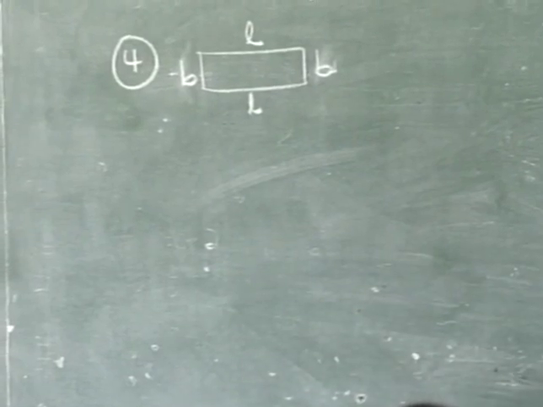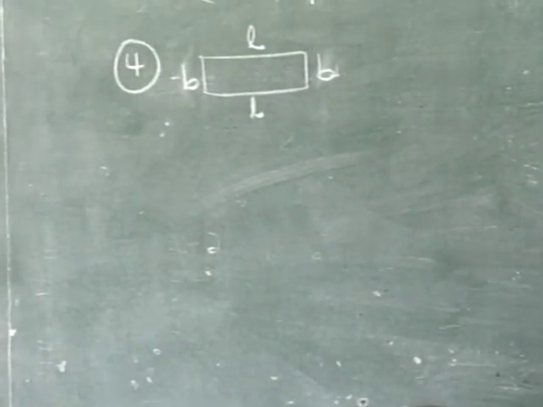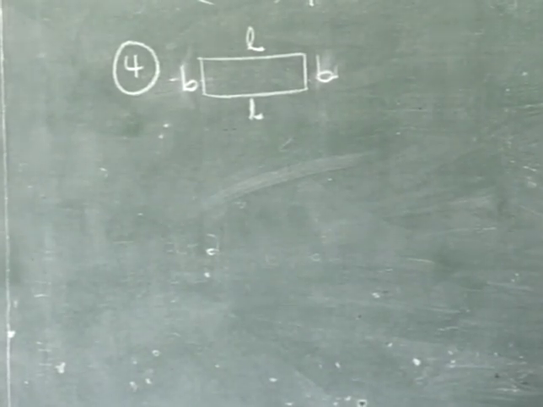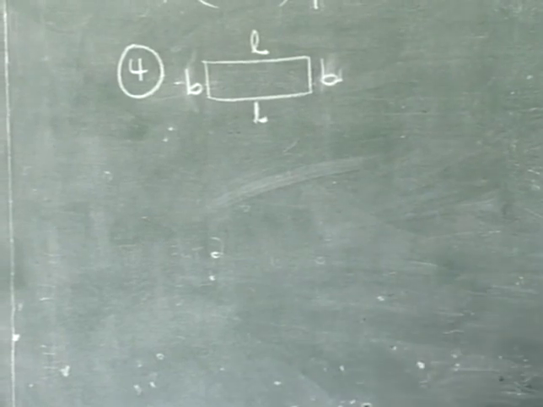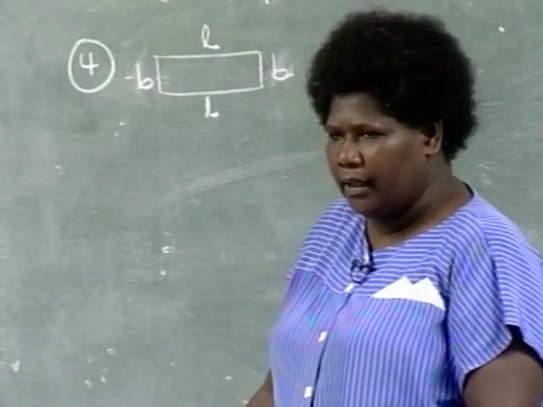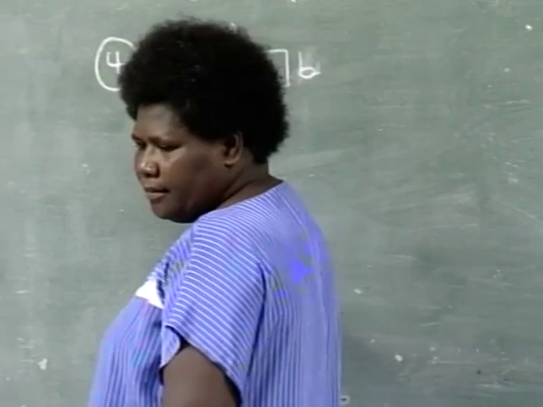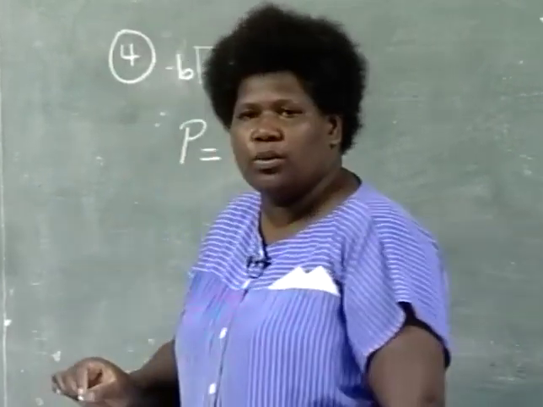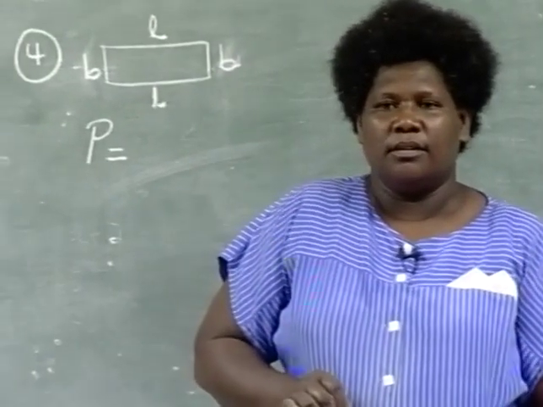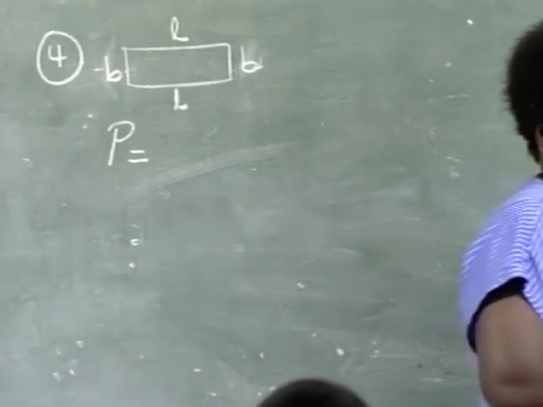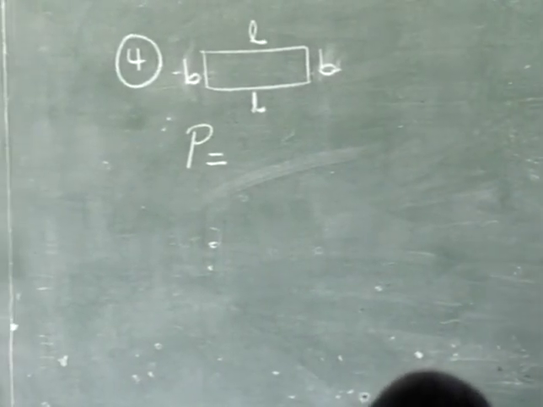Natasha, what is the formula for the perimeter of a rectangle? Add all sides. Okay, add all sides. Give me a formula. The perimeter of a rectangle is equal to 2L plus 2B.